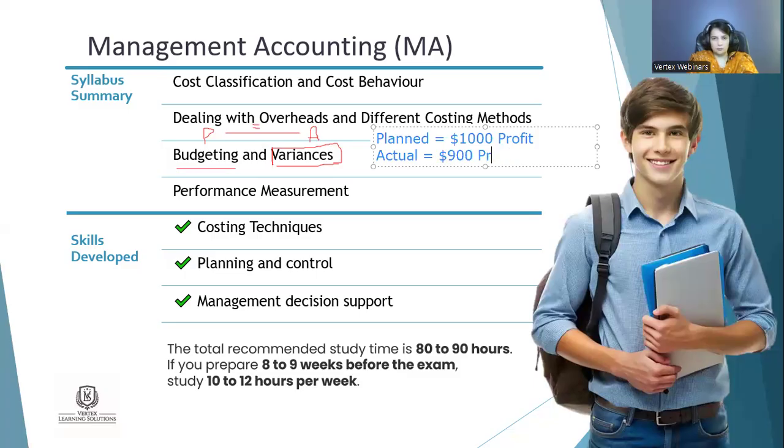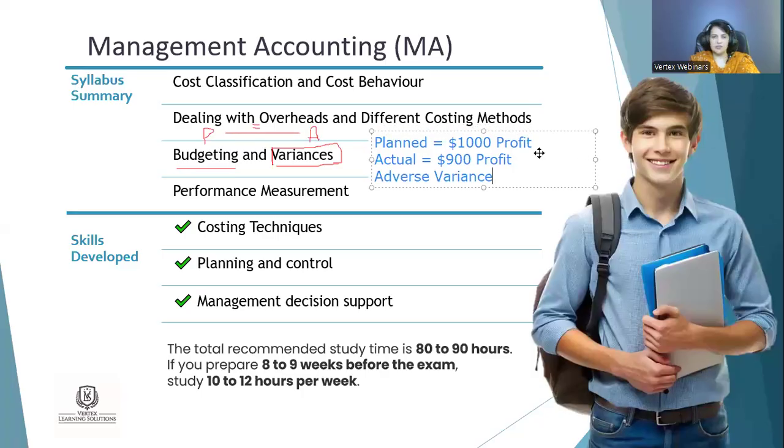So we'll say adverse variance because you actually have less profit. The variance is 100.